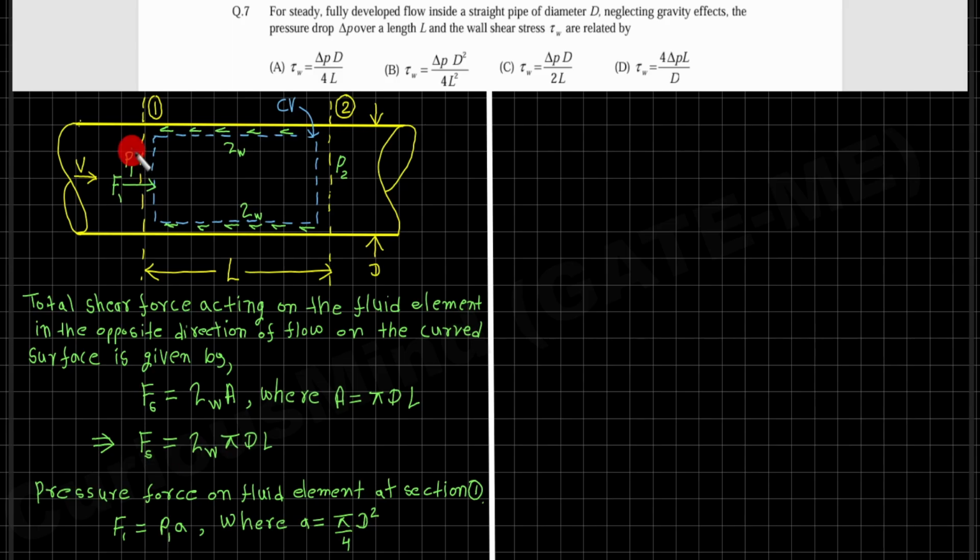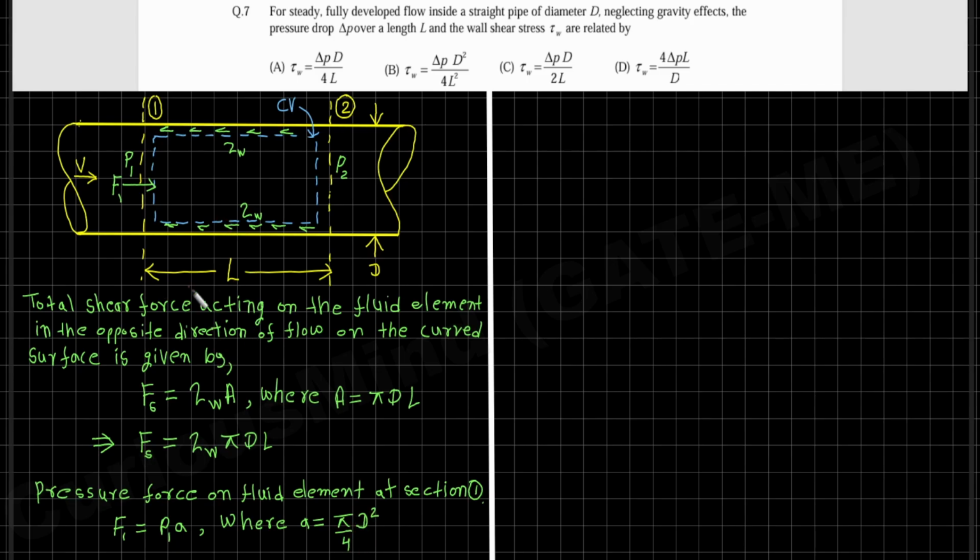So here at section 1, the pressure P1 would act in this direction, so the direction of the force F1 would also be in the direction of the pressure P1. The sum of these small forces that the pressure P1 exerts on the plane surface areas of this total circular surface becomes equal to the total pressure force F1, which is given by pressure P1 times the total surface area A equal to pi by 4 times d squared.